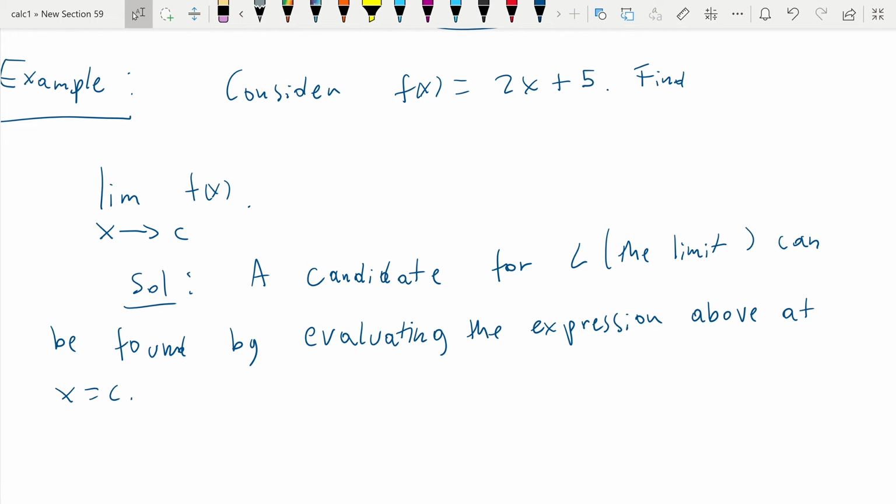Another thing I wanted to say is that if you're given a function that's defined in a piecewise fashion, make sure you use the right candidate for the limit. If you look at the limit from the right, see how the function is defined immediately to the right of the point in question, because you may have different expressions for f depending on what interval you are in.